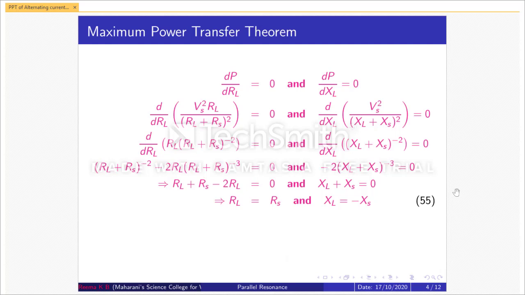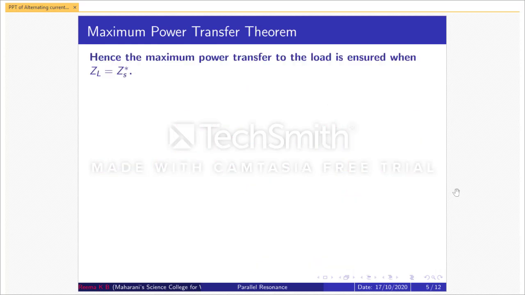So we get RL = Rs and XL = -Xs. This further implies that ZL is equal to Zs conjugate. Hence, the maximum power transfer to the load is ensured when ZL becomes exactly equal to the conjugate of Zs.